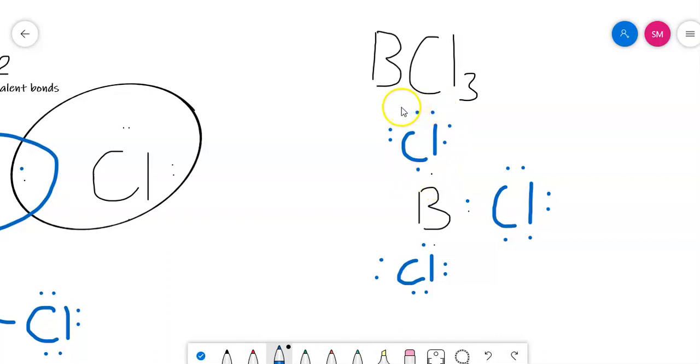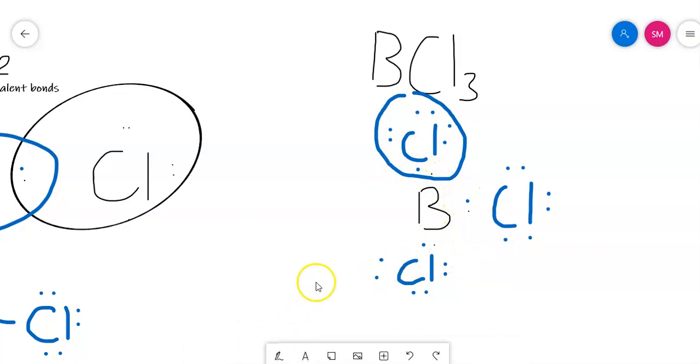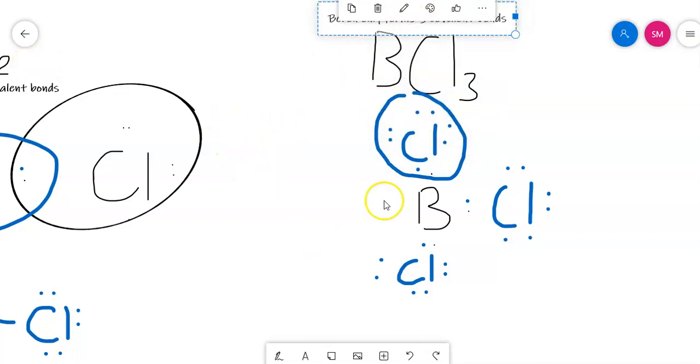So each chlorine has got 8 electrons. Perfect. And this boron has got 1, 2, 3, 4, 5, 6. And this is actually fine for boron. So beryllium is one exception, and boron only forms 3 covalent bonds. So they're the 2 exceptions that you need to know: boron and beryllium. Everything else needs to fill its outer shell entirely.